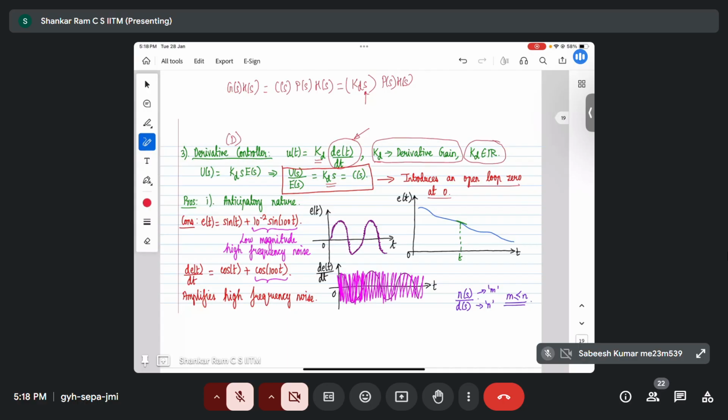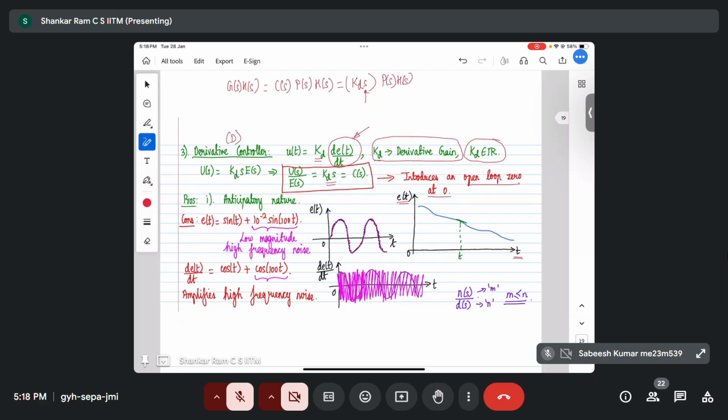To intuitively understand that, once again, let's plot a graph of the error versus time. Let's say, without loss of generality, the error keeps on decreasing. Now, let us say at some time t, we want to calculate the derivative. Graphically, the derivative is going to be the slope of the curve.